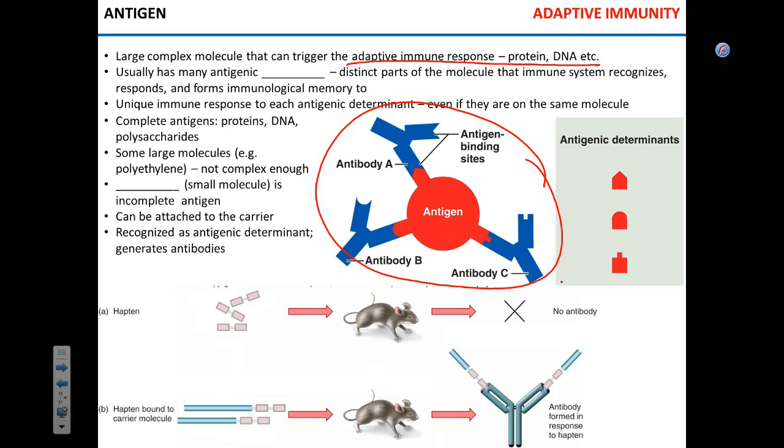Complex polysaccharides with a complex structure, branching structure, okay? Does that make sense? Now, usually each antigen has many antigenic determinants, okay? So those are parts of the molecule that the immune system actually recognizes.